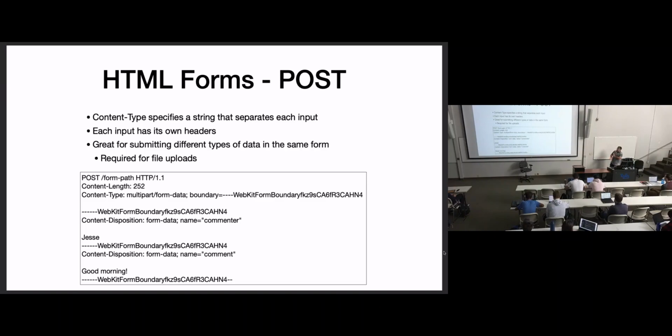Anyway, you're going to get a request of this format, where the content type is now multipart form data with an extra piece of information. Just like when we would send the content type and say text/plain charset UTF-8, we're getting an extra piece of information on the content type.